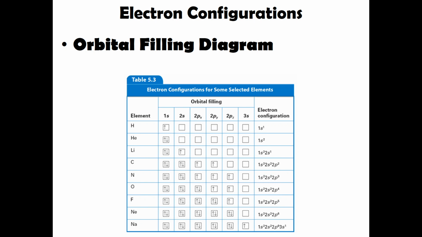Pauli exclusion says you can't have two ups in the same orbital. You can't have two downs in the same orbital. You can only have at most a single up and a single down. Hund's rule states that we will fill all the p's trying to maximize the same spin. So looking at nitrogen, there are 3 ups before we start filling 2px.